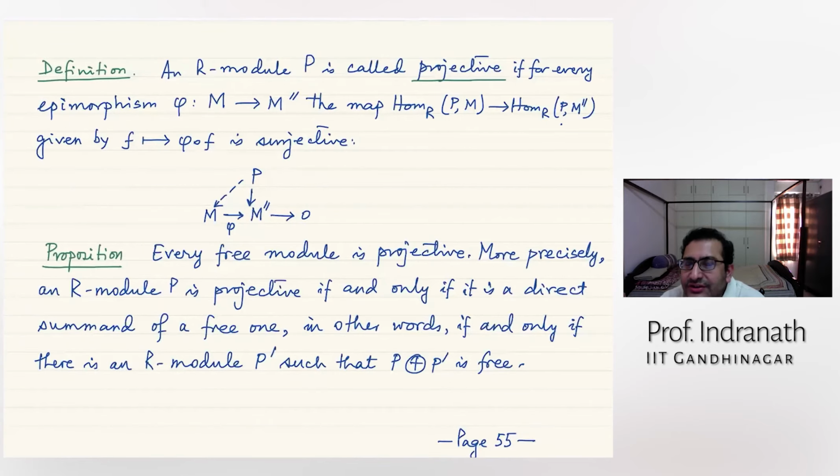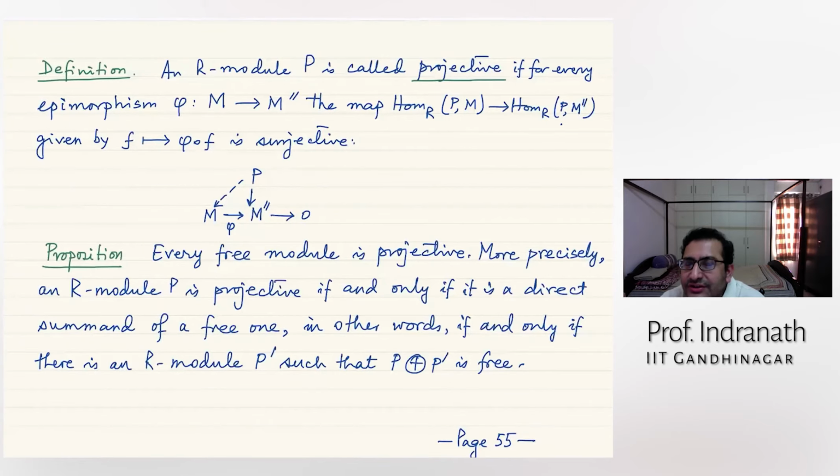Continuing this way, we can inductively construct the homomorphisms Fi from Mi to Ni, satisfying the required commutativity conditions. So I told you, you understand one step and the rest is clear. Let me take you to that projective module.